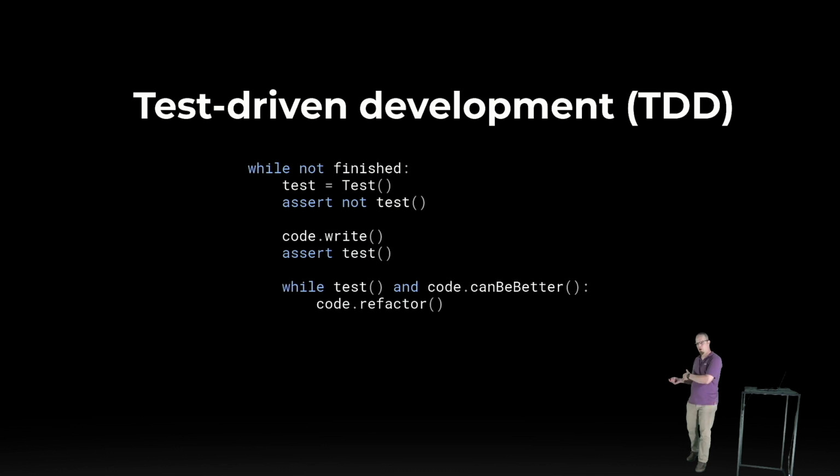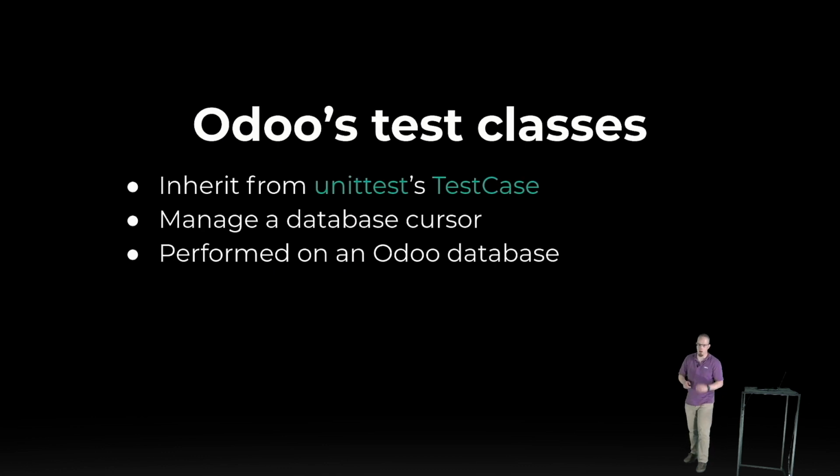It's not exactly the way we develop at Odoo, but for some work, sometimes we use a method that's partly inspired by test-driven development. In the case of Odoo, we actually reuse and inherit from the unittest module in Python, which provides a test case class, and we provide a few classes that inherit directly from those unit test classes.